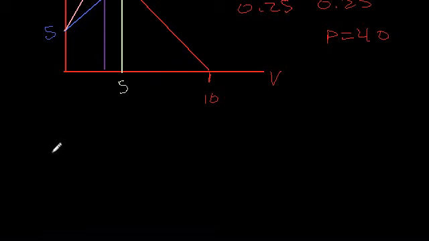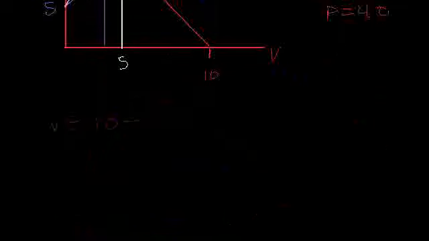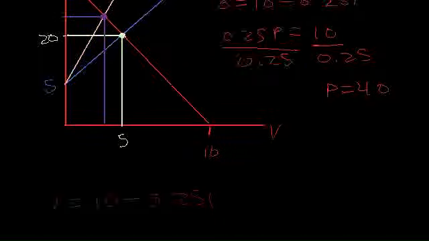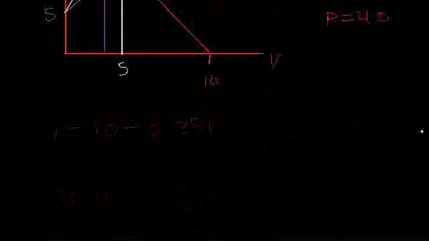And we'll get V is equal to 10 minus, right? What was our demand curve? 10 minus 0.25 P. But in this case, the price is going to be comprised of the marginal cost. So 5 plus 5V.